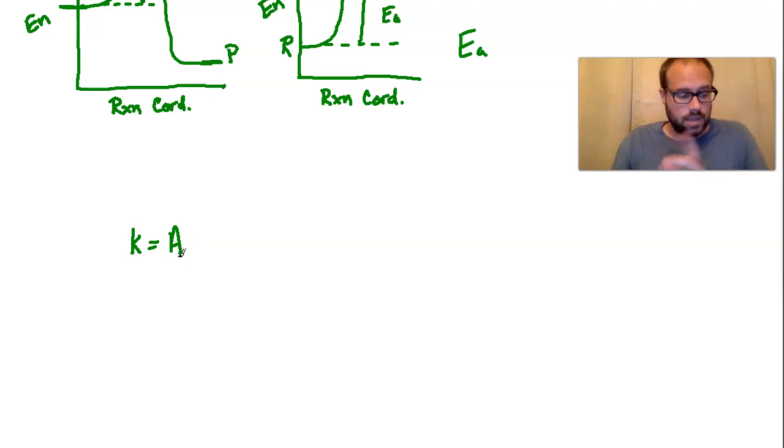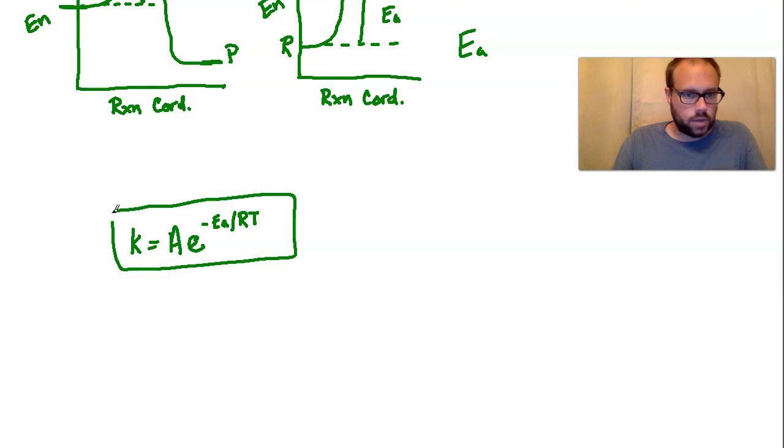This A is known as the collision frequency factor, and that's going to be unique again for each individual chemical setup that we've got. Okay, and then it's going to be natural e, and that will be raised to the negative energy of activation over RT. Okay, so this is the Arrhenius equation.